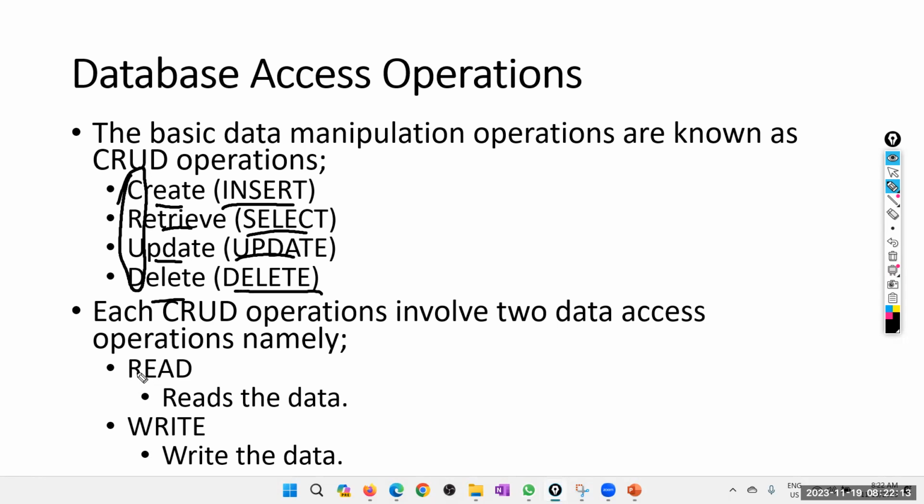So we create a record, we retrieve a set of records, we update a set of records, or delete a set of records. So we don't do anything other than those 4. That is why the SQL data manipulation statements are insert, select, update, and delete.